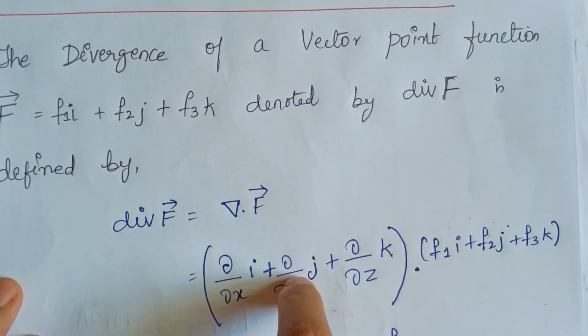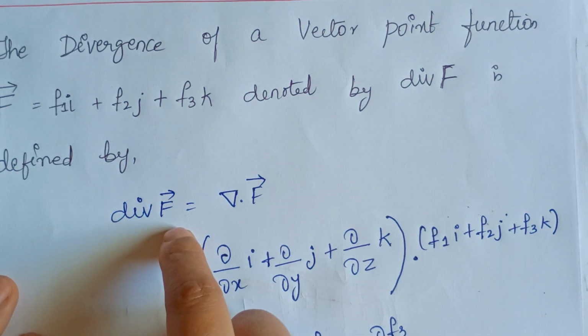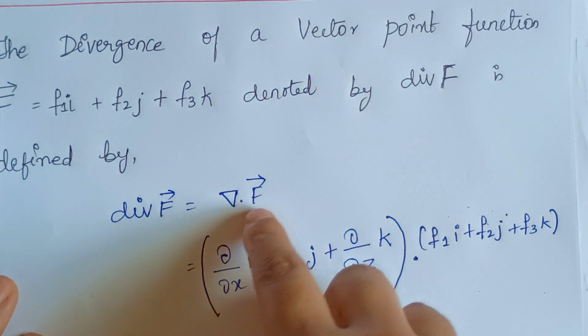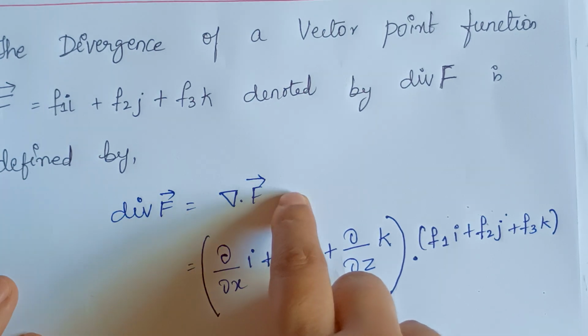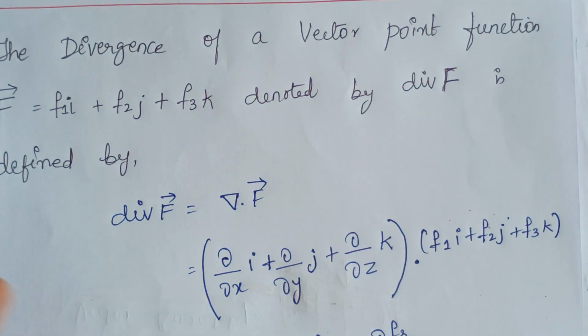Also, we'll explore the formula: divergence of vector f, also denoted by del dot vector f.